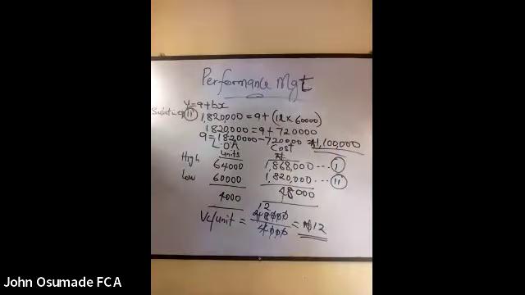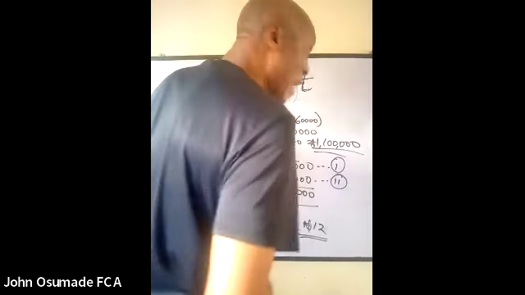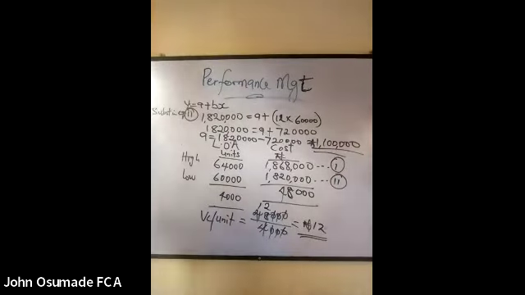So that is our fixed cost. Our fixed cost is 1,100,000, while our variable cost per unit is 12 naira.